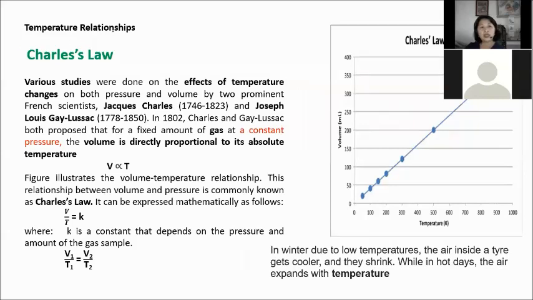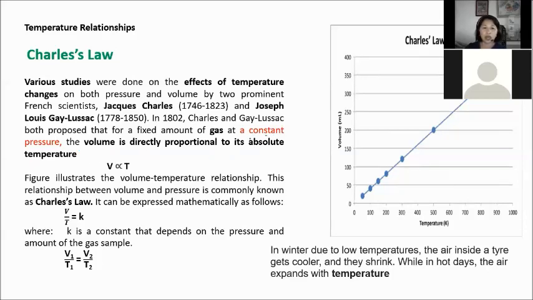Okay, next is the relationship between volume and temperature. So Charles' law. Charles and Gay-Lussac, nagka-partner ito sila, proposing that for a fixed amount of gas at a constant pressure, the volume is directly proportional to its absolute temperature.